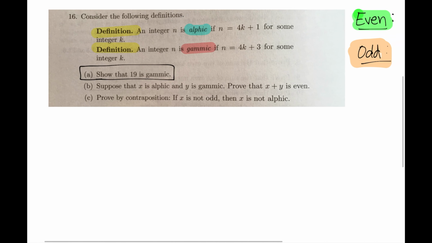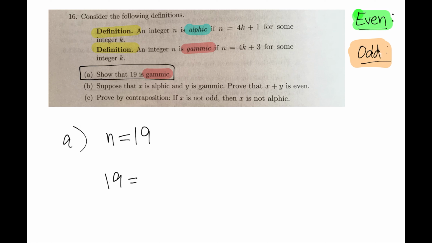Okay, so in order to show that 19 is gamic, what we have to do is look up at our definition and see, well, what does it mean for 19 to be gamic? It means that we can write it as 4 times some integer plus 3. And so for part A, if n is 19, my goal is to somehow show that 19 equals 4 times some integer k plus 3.